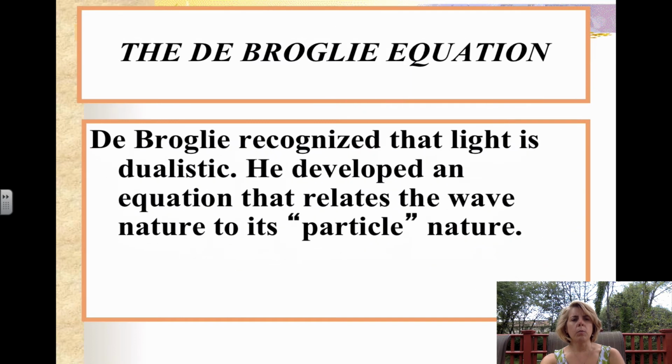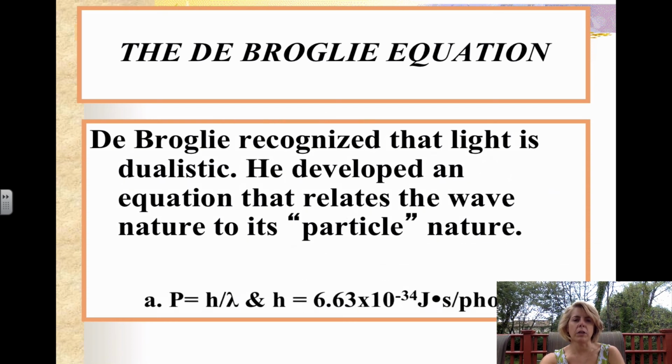Okay, with de Broglie. So de Broglie is another scientist, and he essentially saw light as having both wave nature and particle nature. So he was very good at combining both of them together. And de Broglie, you'll find, helps explain the behavior of electrons much better because of this equation.